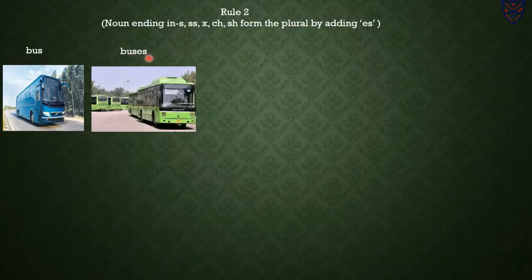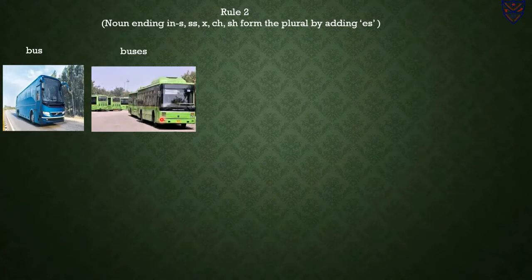Okay, buses. Here you can see nouns ending in s, double s, x, ch, sh. When that comes, we have to add es at last to convert singular into plural. Okay, bus means one bus and buses means many buses.